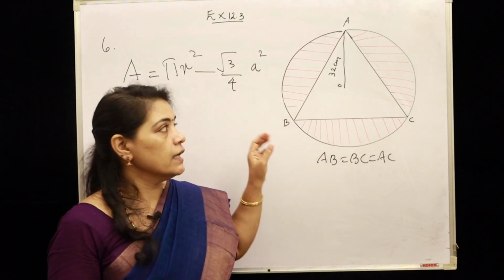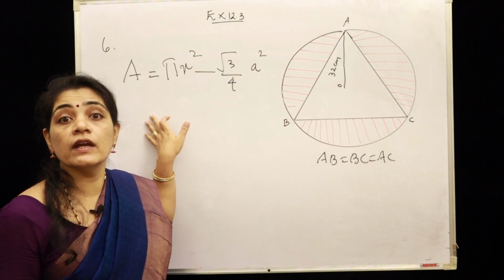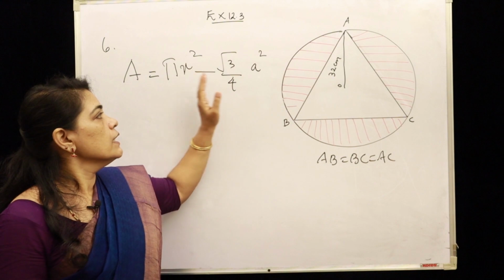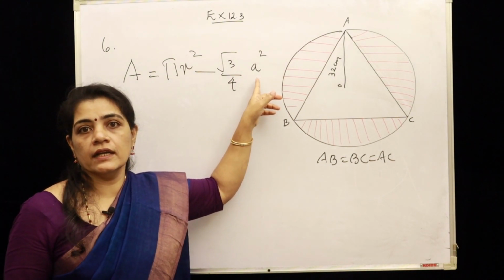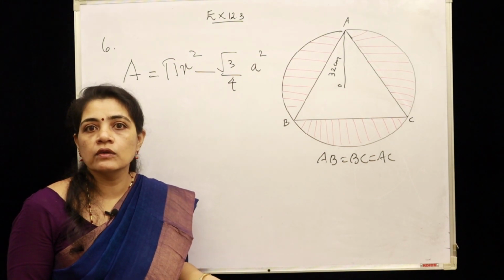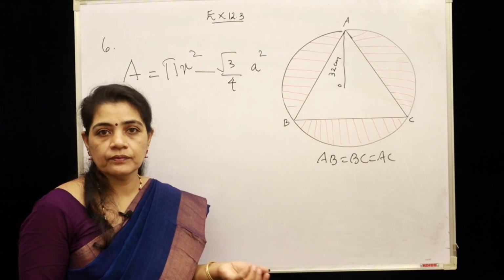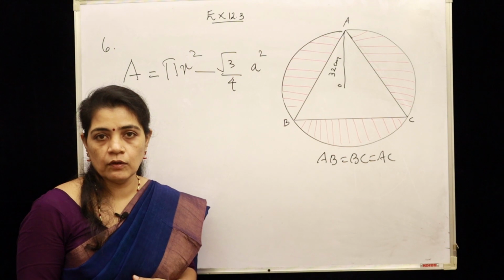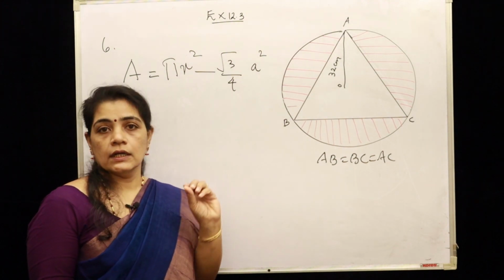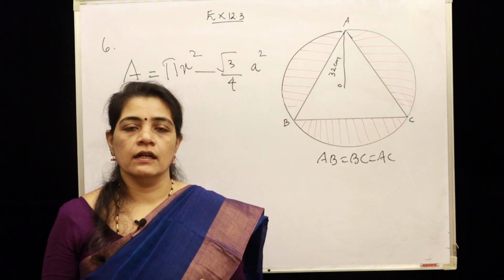See children, in this equation we have two unknowns. The area is what we need to find, and the side is not given. We know that if an equation has two unknowns, we cannot get the value of a single variable. So the first aim is to find the side of the equilateral triangle.